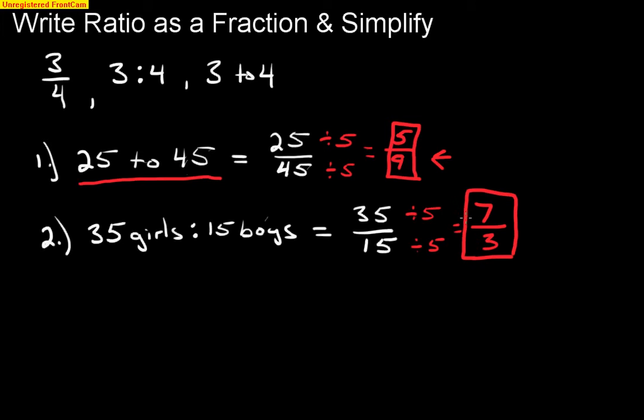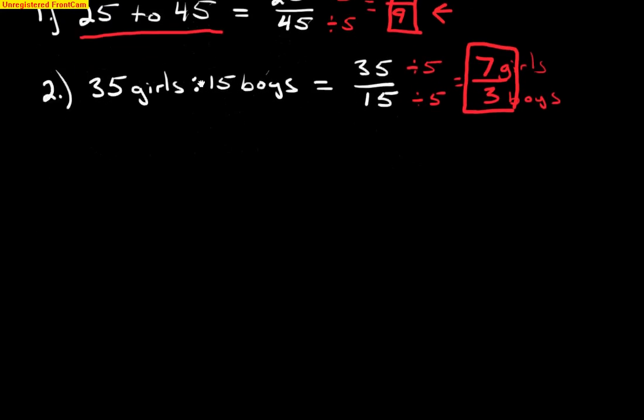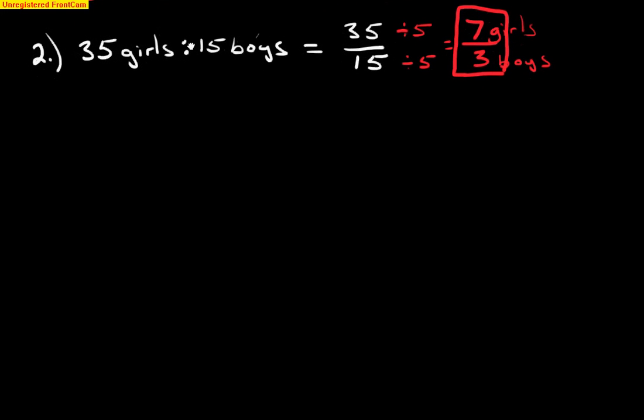So the top was girls, so that's actually 7 girls to 3 boys. So don't forget, if it gives you the units, to put those units back in at the end. Let's go ahead and move this up just a little bit so we have some room, and so those of you in the back can see it.